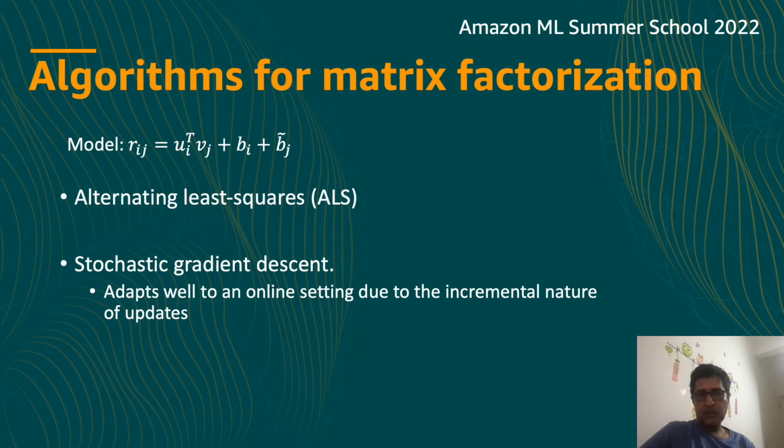Now this alternating least squares optimization you can carry out using stochastic gradient descent, because it adapts very well to the online setting, where you are able to achieve very quick updates to these estimates, and then update them as you go along based on the latency requirements that you have.